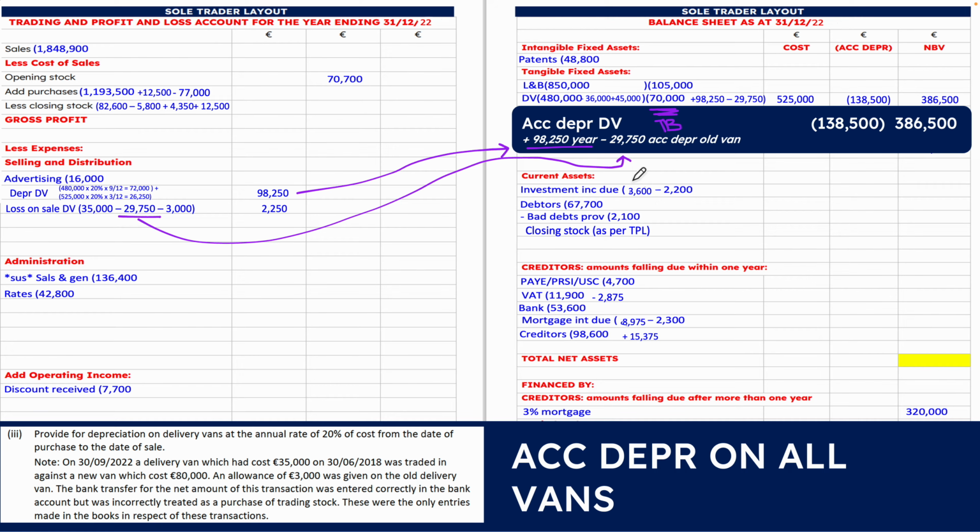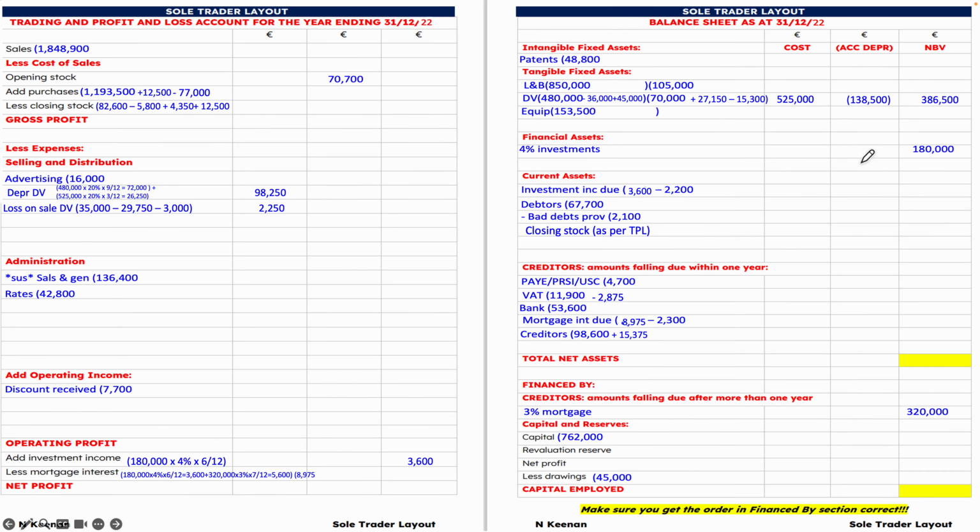So we no longer have that, so we can minus that, okay? So in our balance sheet then, we've got a cost of 525,000. Our accumulated depreciation is 138,500, and our net book value is 386,500. So that is the net book value there.